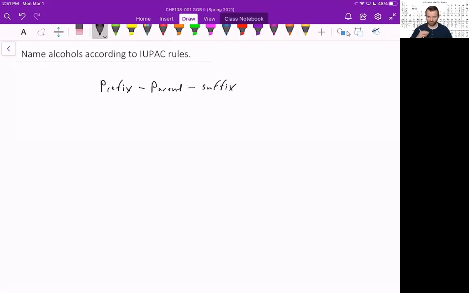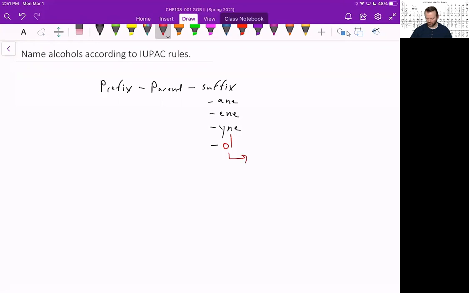It tells you the type of compound. So we've seen ANE for alkanes, ENE for alkenes, and YNE for alkynes. And now for alcohols, you have the OL ending for all.